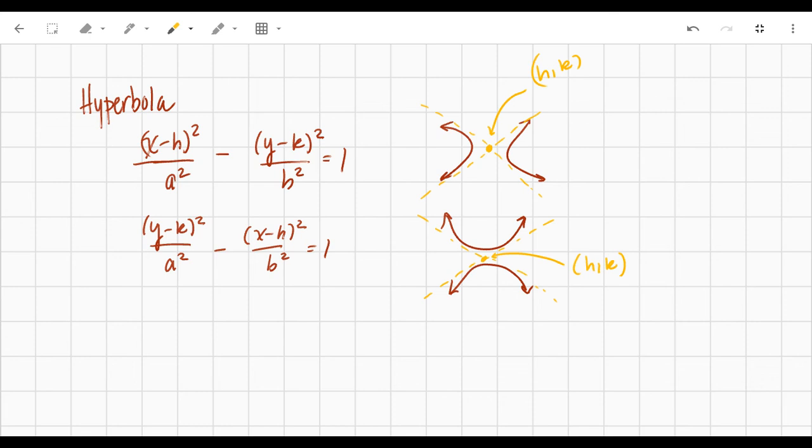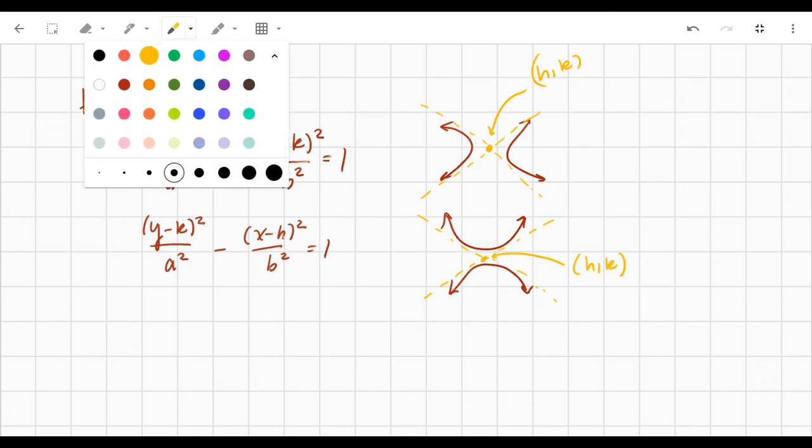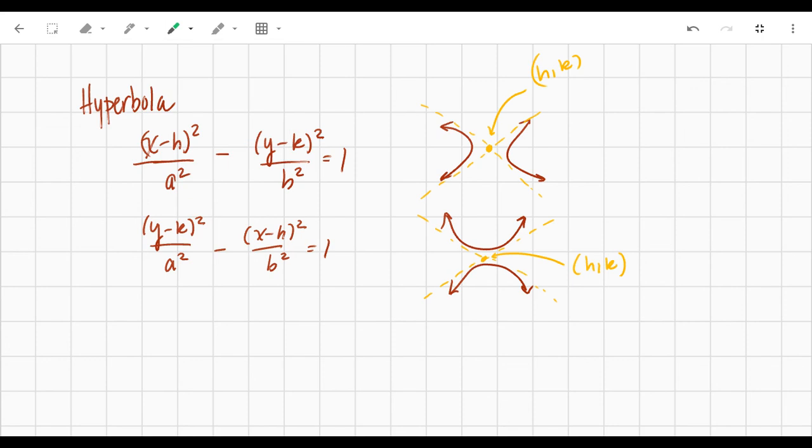Then what we would do here is your a. Let me do one more thing here. We're going to make a box. The diagonals of the box, sorry, I should be going through.